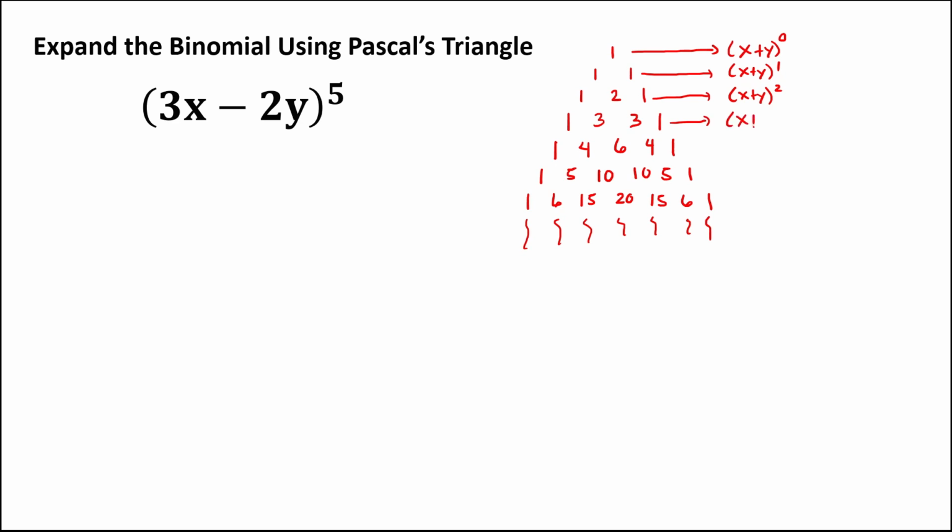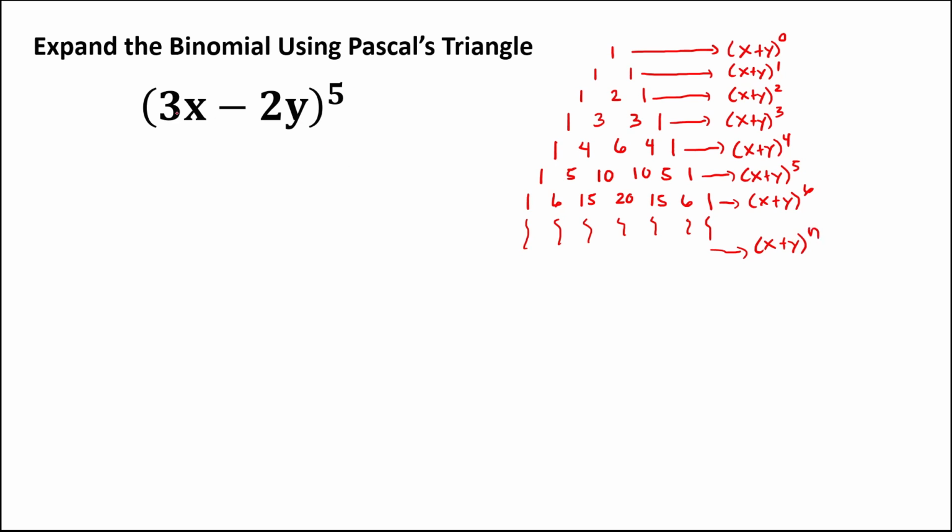Then we have x plus y to the power 3, x plus y to the power 4, x plus y to the power 5, x plus y to the power 6, and this one is x plus y to the power n.